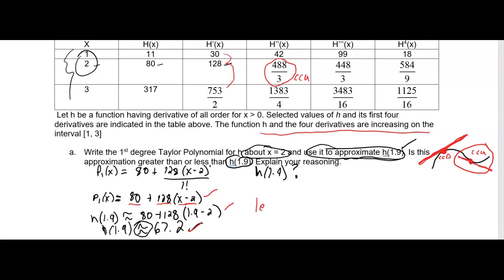So this would tell us that our approximation is less than, because h of x is always concave up.